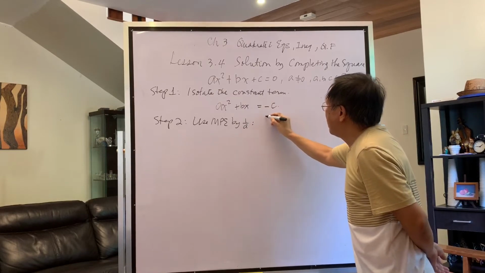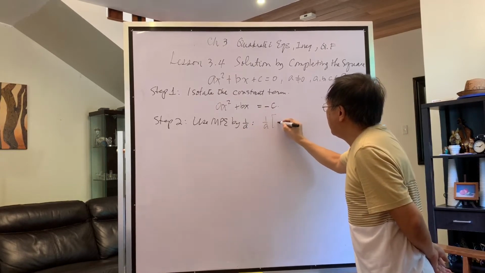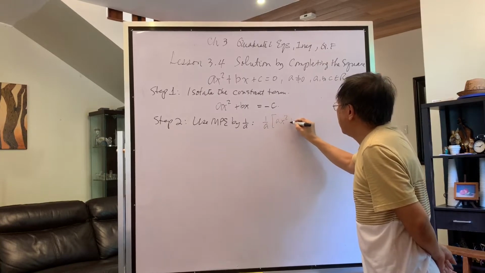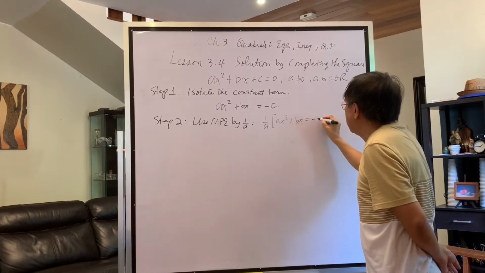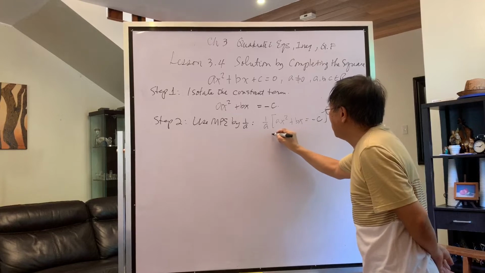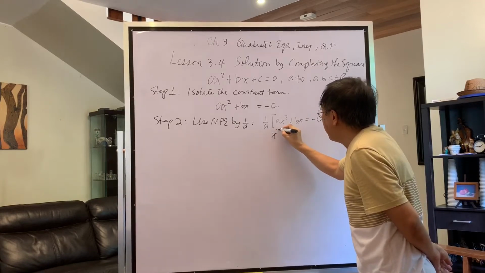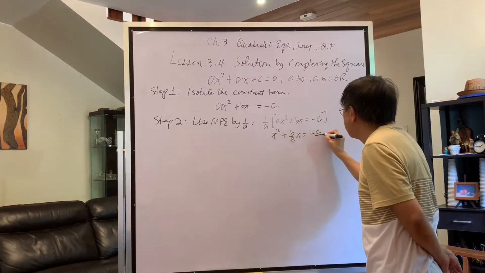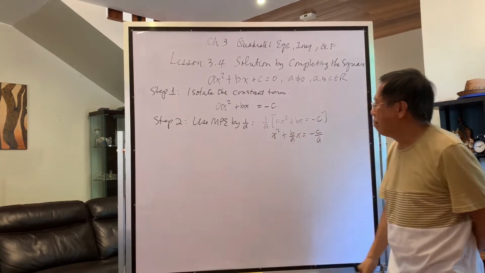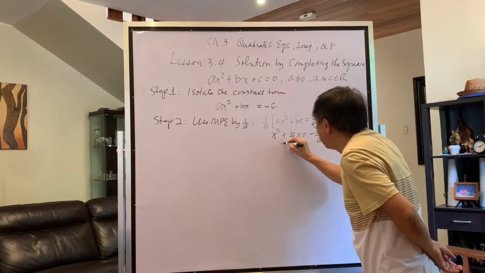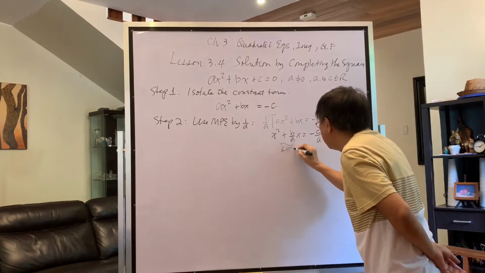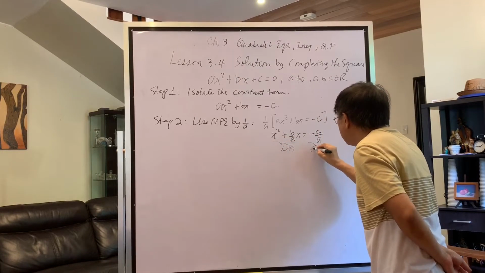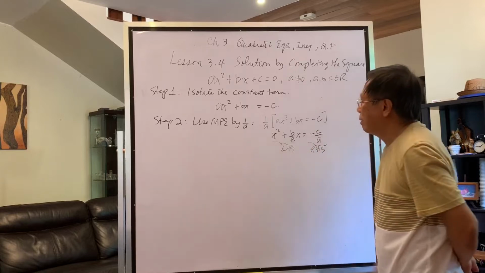So therefore we get 1 over a times ax squared plus bx equals negative c, which gives us now x squared plus b over a x equals negative c over a. Let's term this left hand side and this one right hand side of the equation.